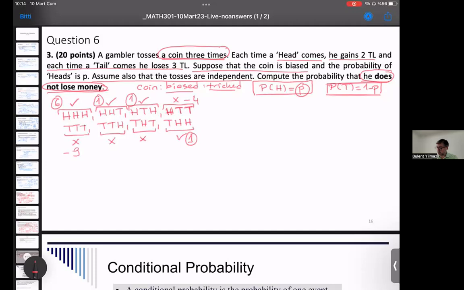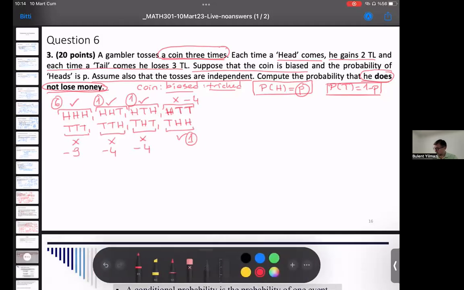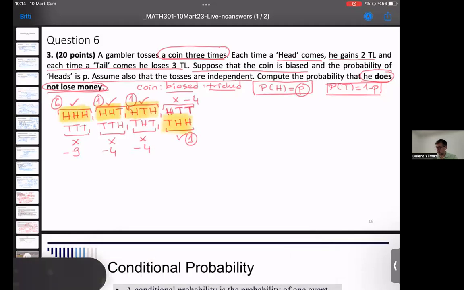He will lose 4 TL. He will lose 4 TL here. But we are mainly interested in this one, this one, this one, and this one. Okay. Is this part clear, guys? The things that I wrote here, does it make sense?